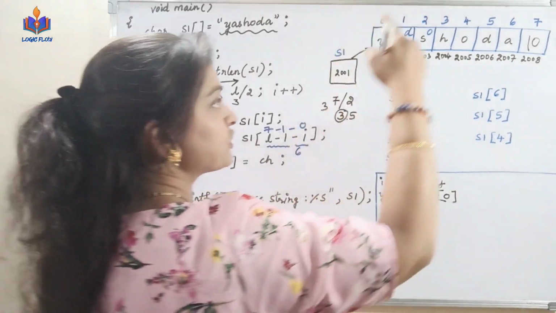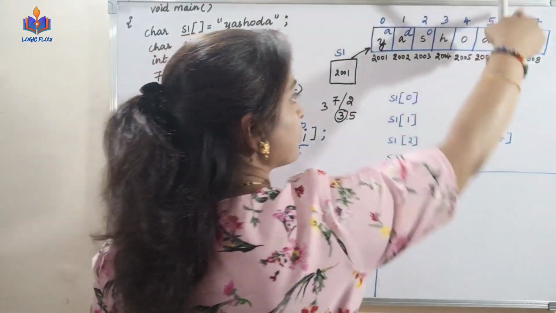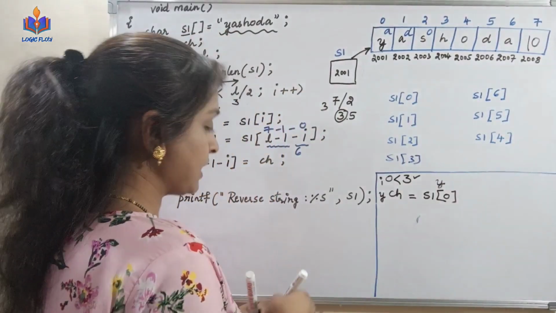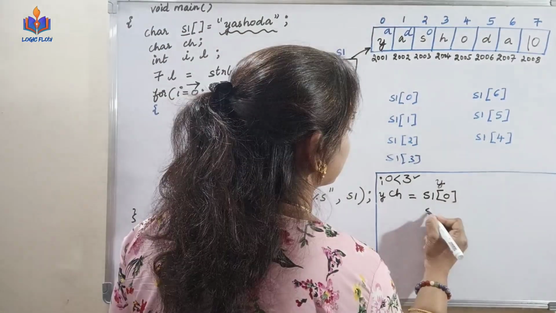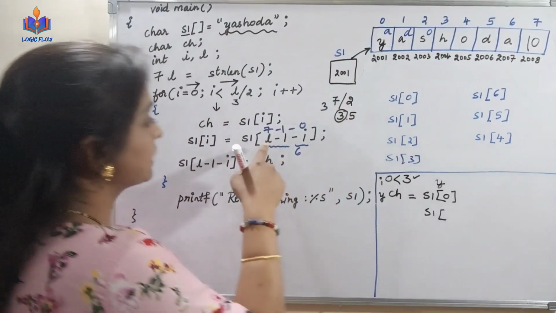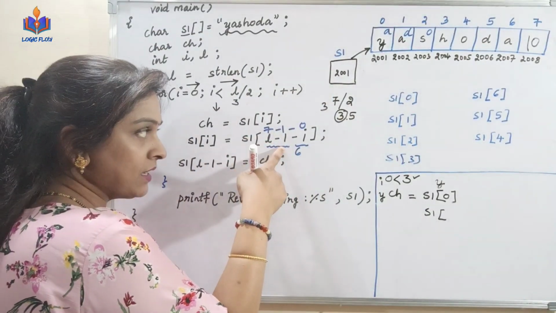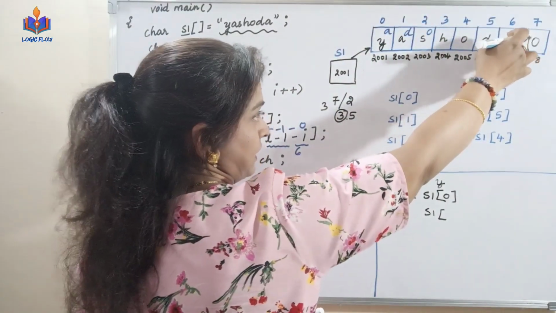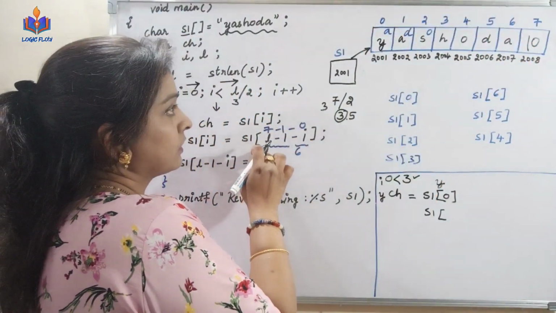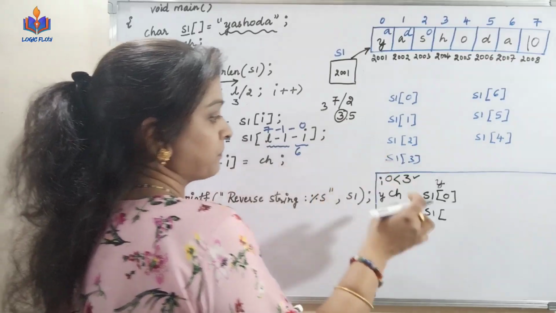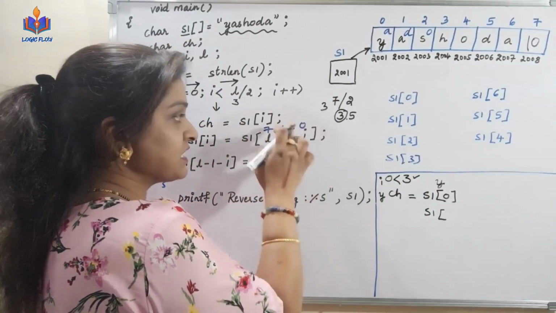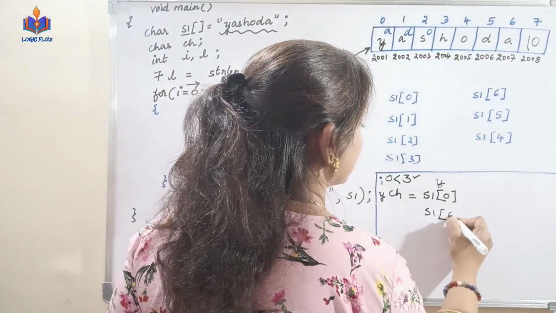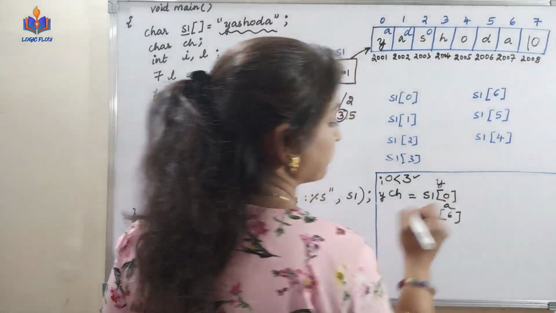So, I have to take this last character, right? So, length minus 1 minus I. So it is S1 of 6, and S1 of 6 means it is A.